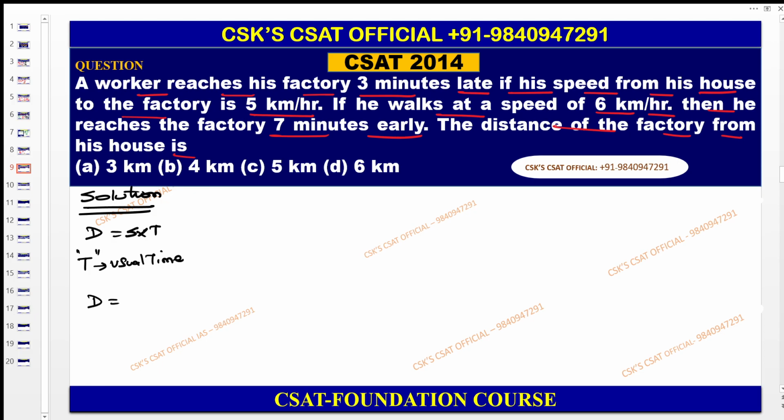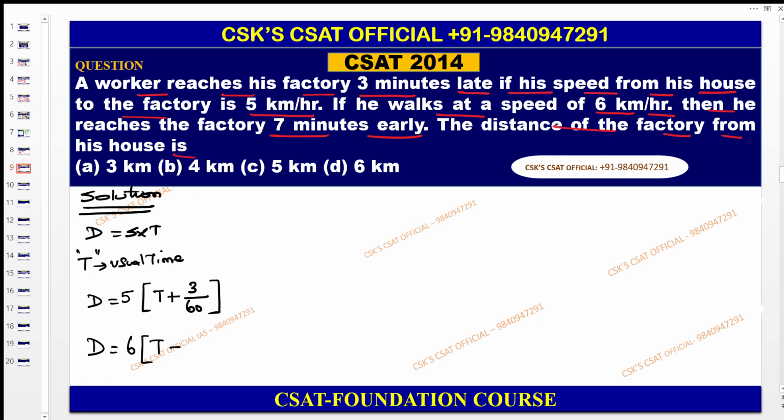So distance is equal to speed, here it is 5. If it is 5, what happens here? In order to reach with the usual time, but here 3 minutes late, so therefore additionally he is taking 3 minutes. Convert that minute in terms of hours, therefore 3 by 60. Now when he is walking 6 km per hour, he is saving the time, right?